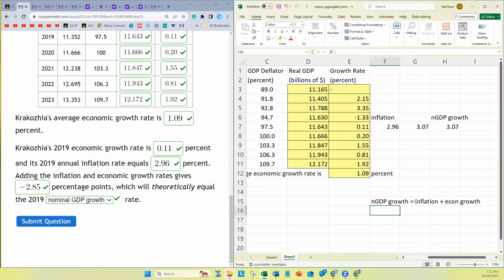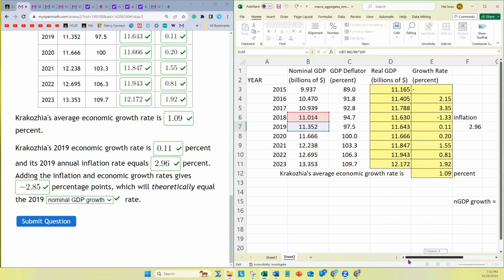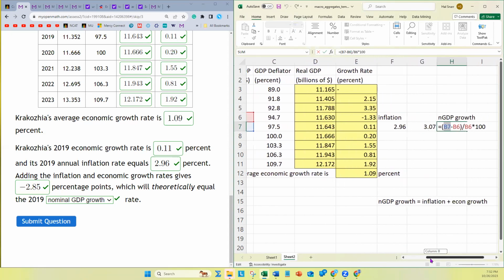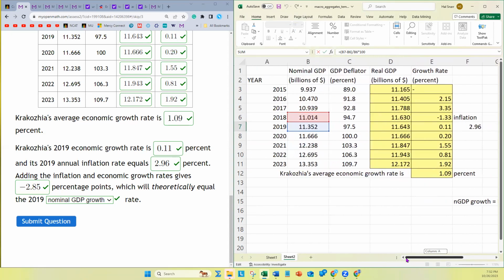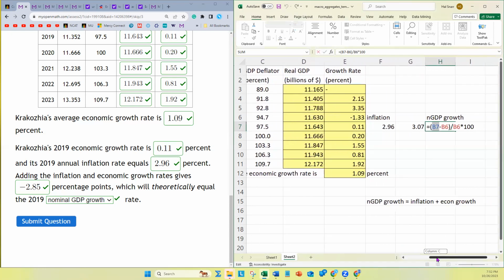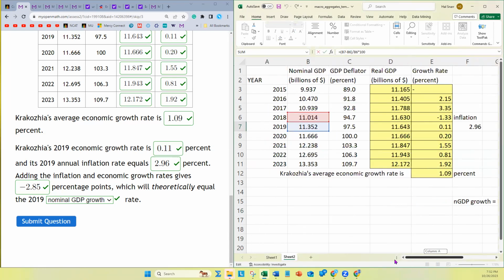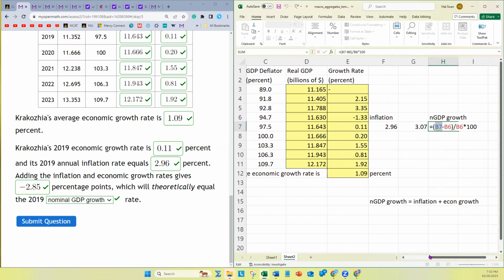Now, because nominal GDP growth equals inflation plus economic growth, roughly, right? I wanted to add the economic growth rate to the inflation rate. So when I add the economic growth rate to the inflation rate, I get 3.07. And then when I calculated the nominal GDP growth rate, I have what it is in the year 2019, $11.352 billion, minus what it was in 2018, $11.014 billion, divided by what it was, $11.014 billion, multiplied by 100, I get a nominal GDP growth rate of 3.07%.